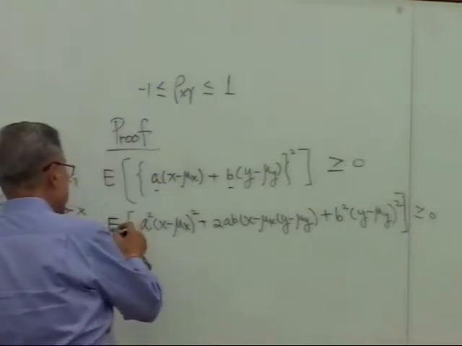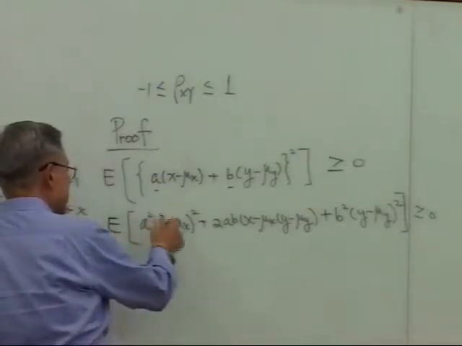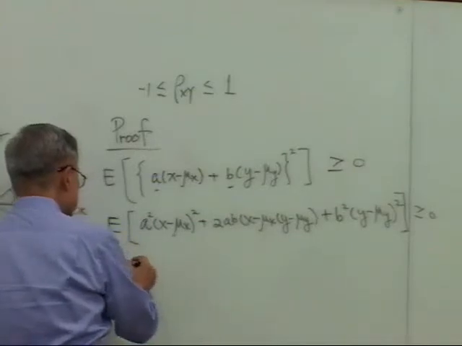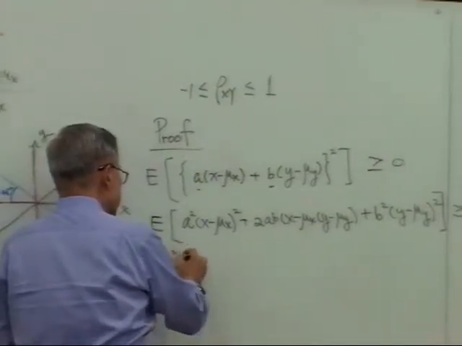Then we apply expected value to each term. So a is a constant, it's going to be out.